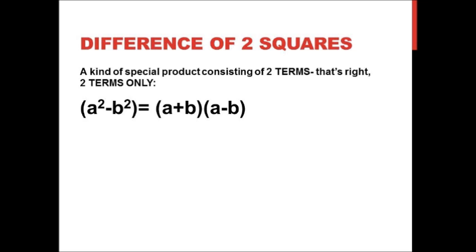A and b are the first and second terms of your polynomial, and a minus b only has the second term opposite, so it's really going to be easy. So don't worry, kick back, and I'm sure you're going to find this lesson very easy.